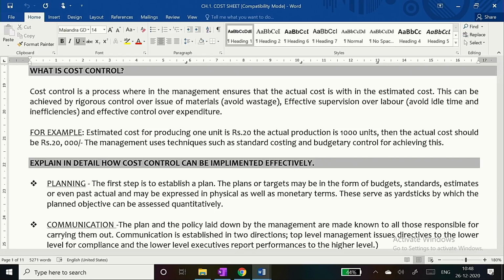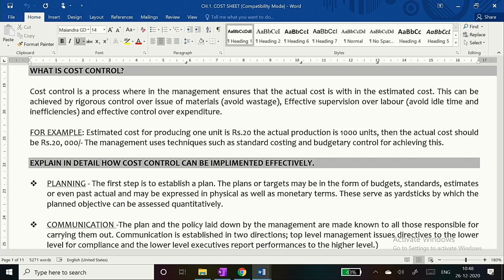Cost control is a process wherein the management ensures that actual cost is within the estimated cost. This can be achieved by rigorous control over the issues of materials, focusing on avoidance of wastage, effective supervision of labor, avoiding idle time and inefficiencies, and effective control over expenditure.